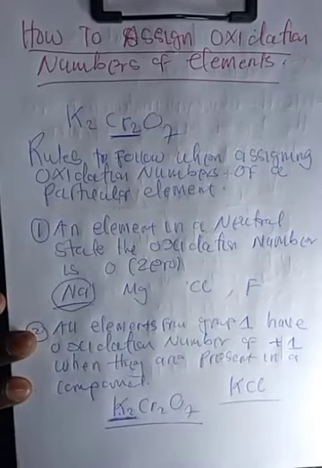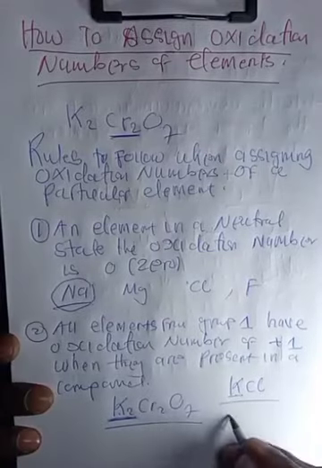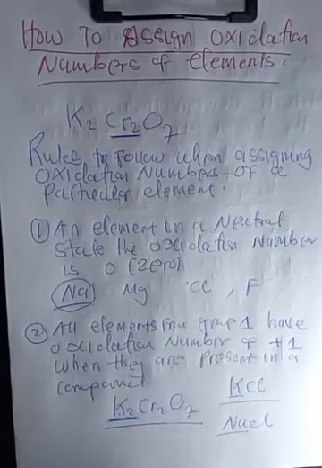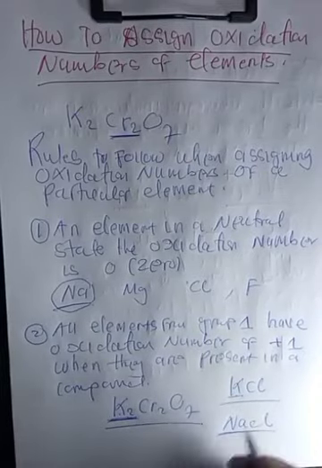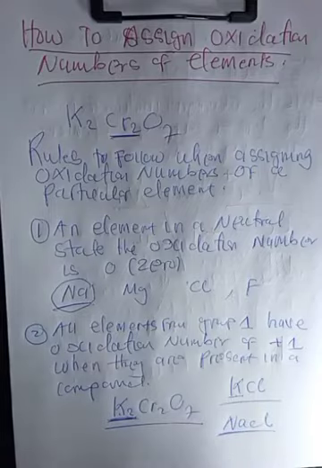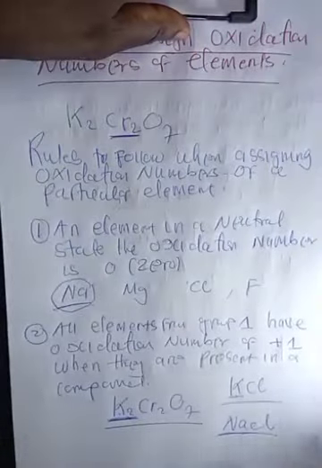This is a compound as well, so potassium will be the same. Or sodium chloride. Sodium is from group 1, present in this compound, so the oxidation number for sodium is going to be positive 1. This is very important to take note of.